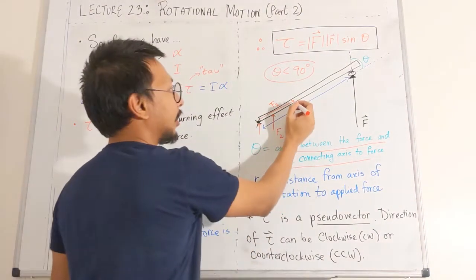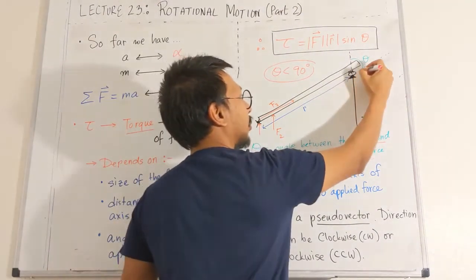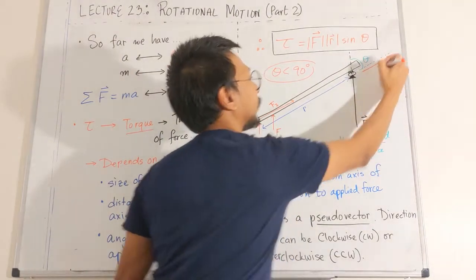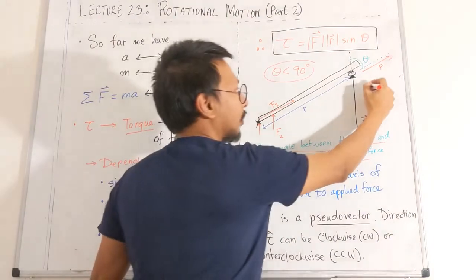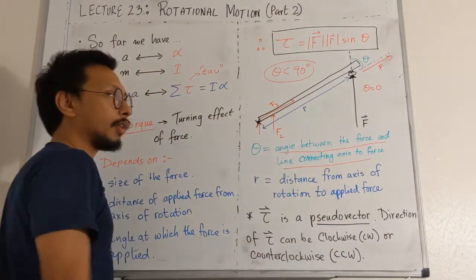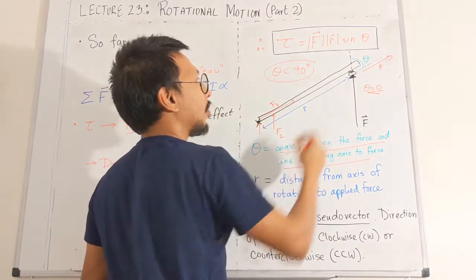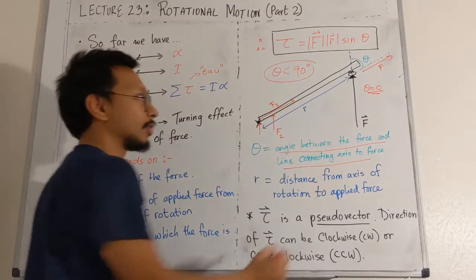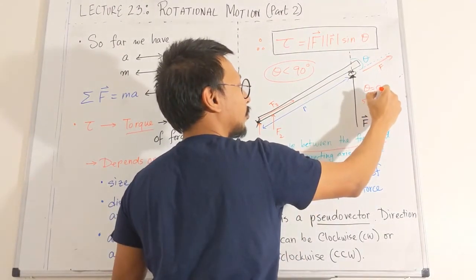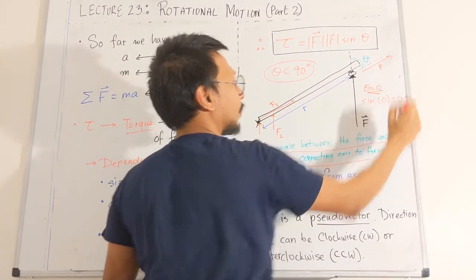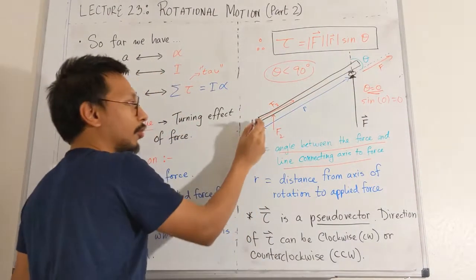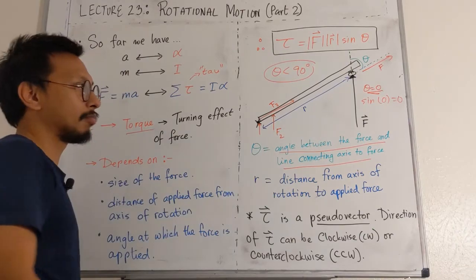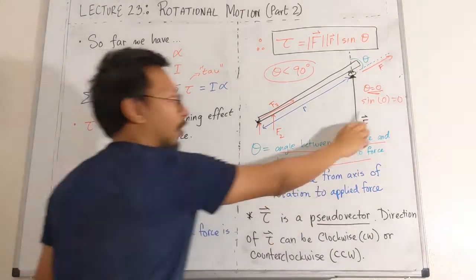But if you're applying a force that is parallel to this line connecting the axis, what is the angle? Angle is 0. For 0, sine of 0 is 0, so you don't have any torque. If you apply a parallel force to your fixed axis, you don't have any torque because sine of that angle 0 is 0.